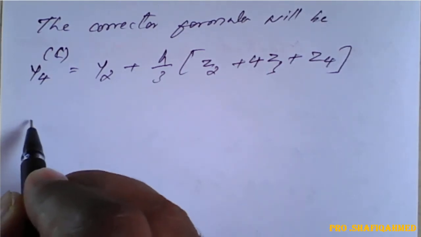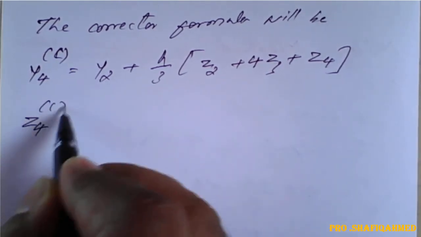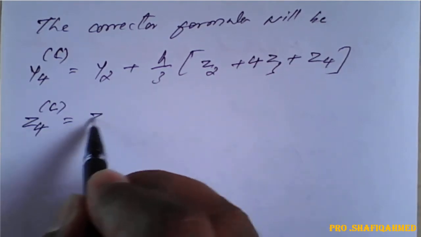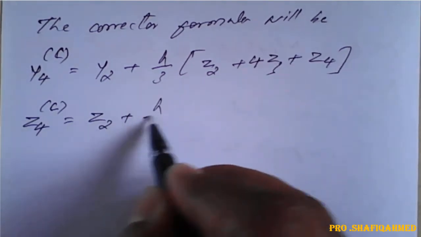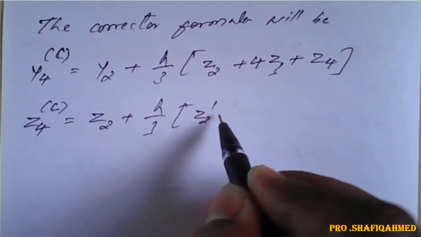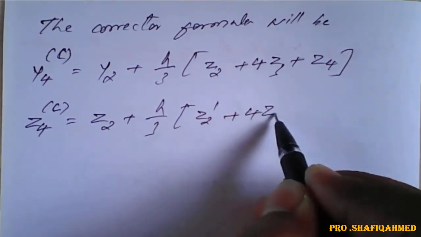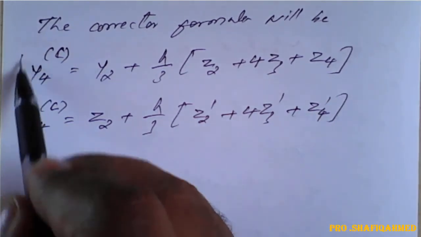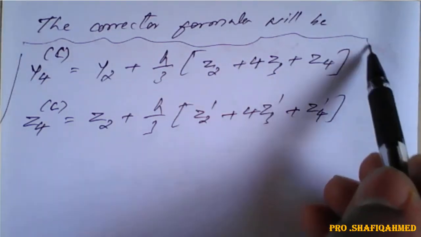Similarly z4 of c will be z2 plus h upon 3 into z2 dash plus 4 times z3 dash plus z4 dash. So this is the formula for the corrector.